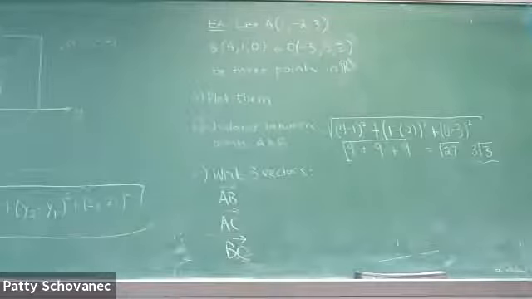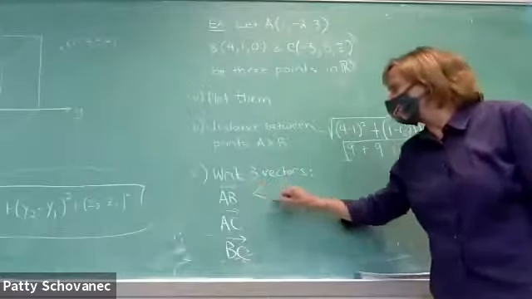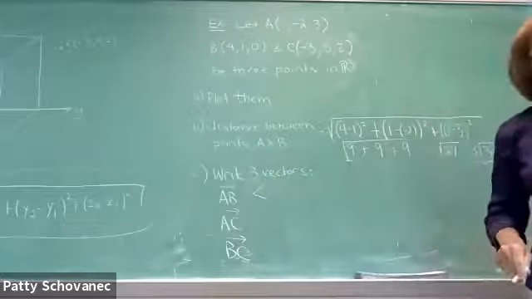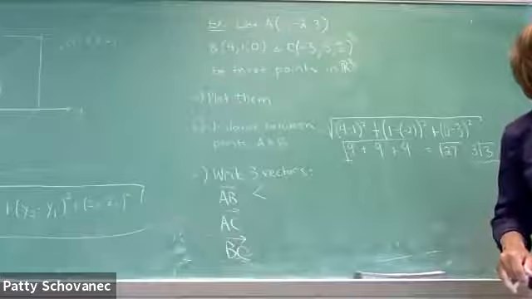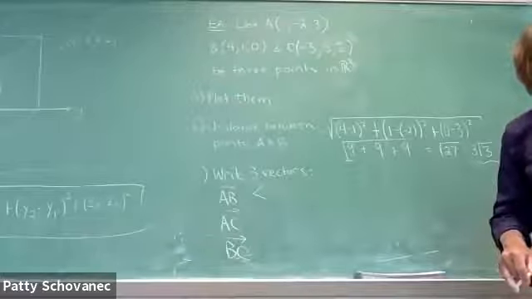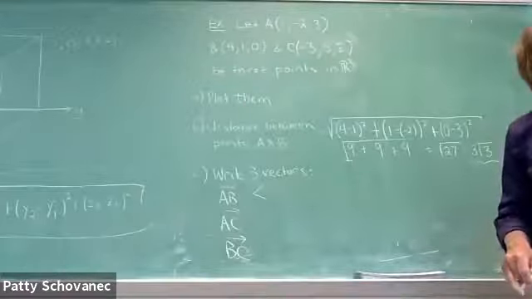How did we find vectors through 2 points in R2? How did we get the components that go in here? You just find the distance between each component. Well, we had to do it in a particular order.